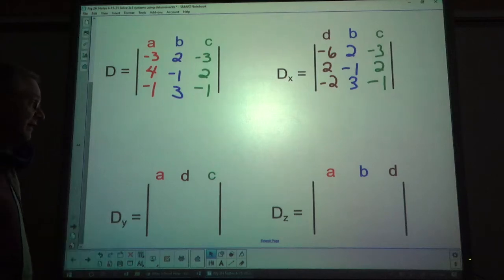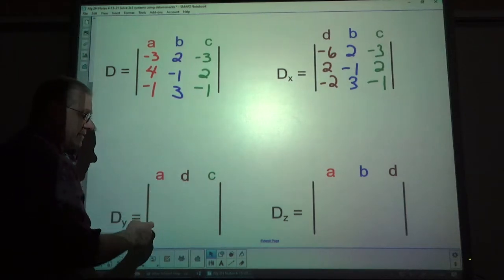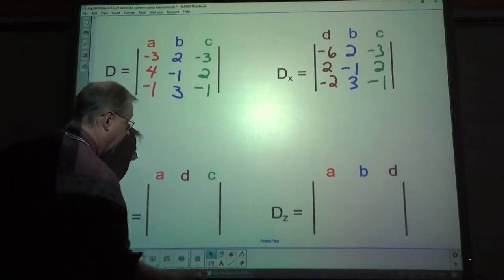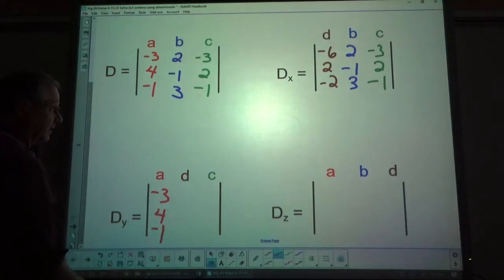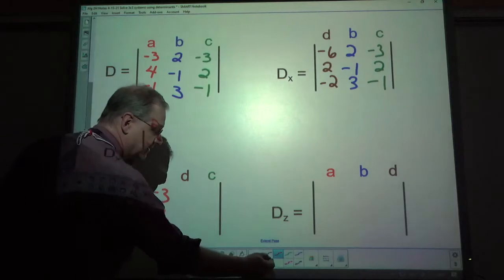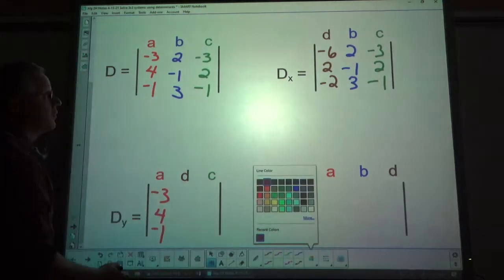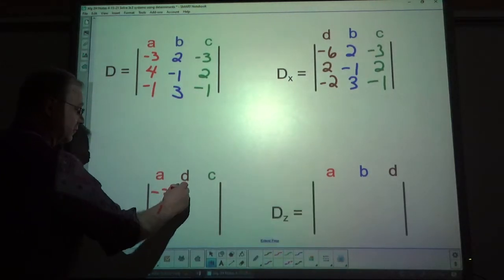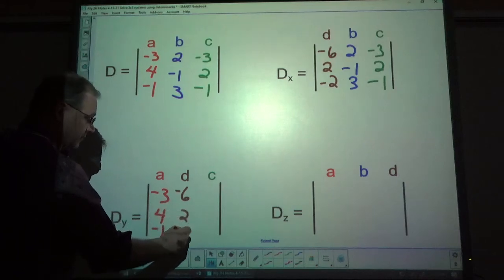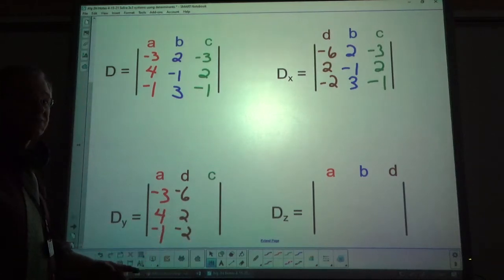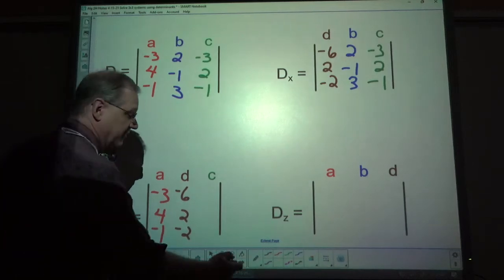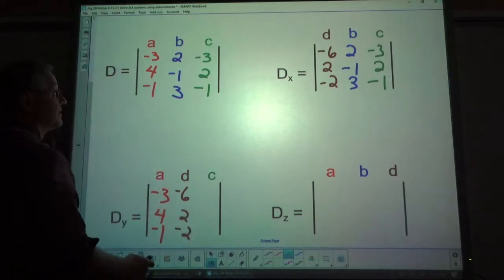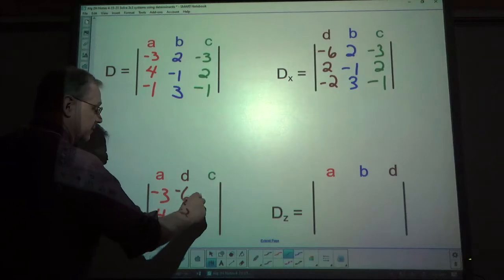So D sub y, A, D, C: A is -3, 4, -1. D, we know is -6, 2, -2. And don't lose any negative signs. You lose one sign, the whole thing crumbles. So you have to be very careful. And C is -3, 2, -1.